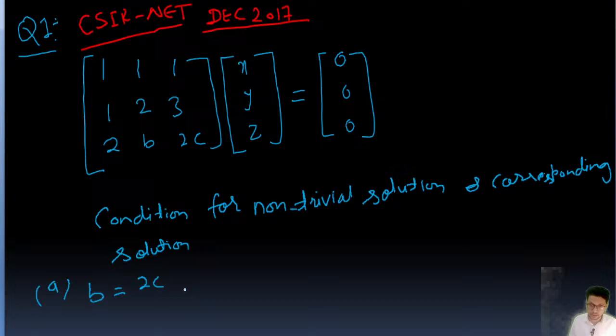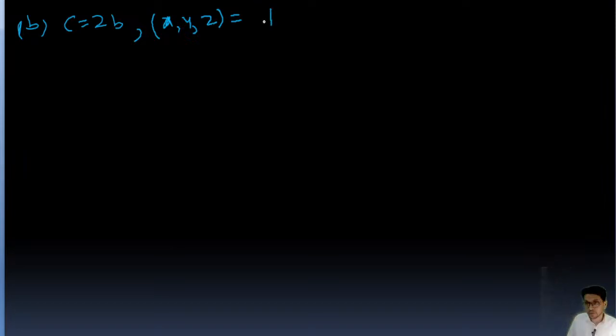This is the condition, and the solution x y z equal to 1 upon root 6 times (2, 1 minus 2, and minus 1). Option B is c equal to 2b, and the solution is x, y, z equal to 1 upon root 6 times (1, 1, minus 2).